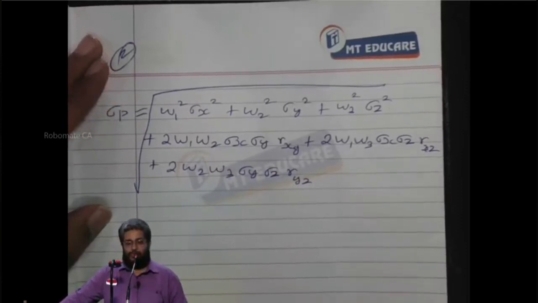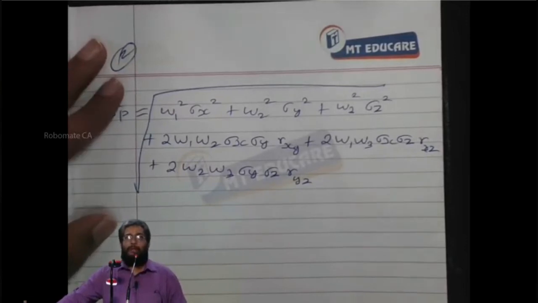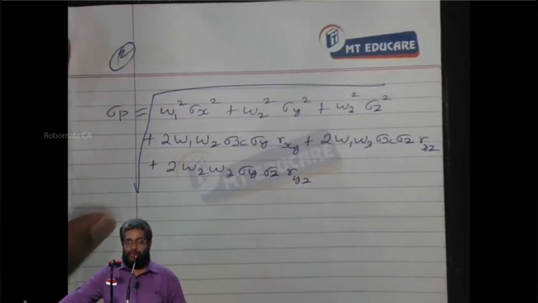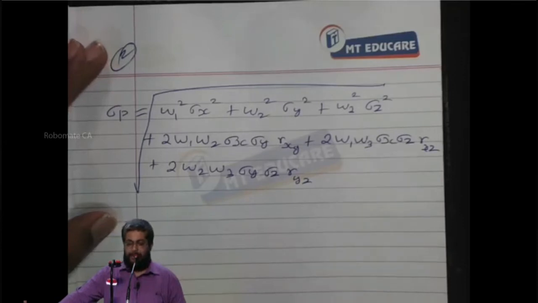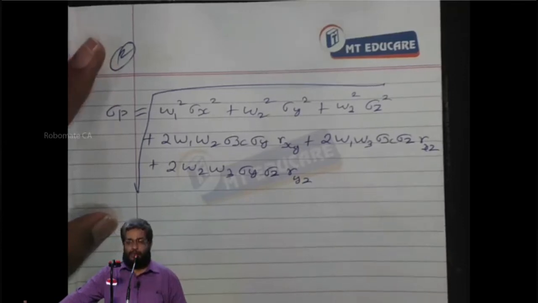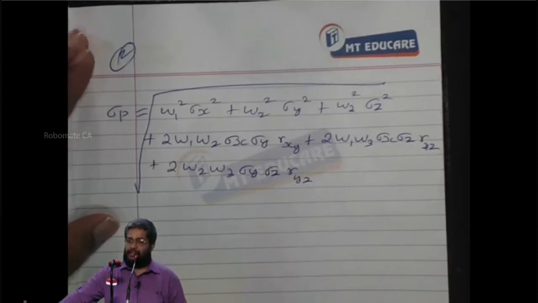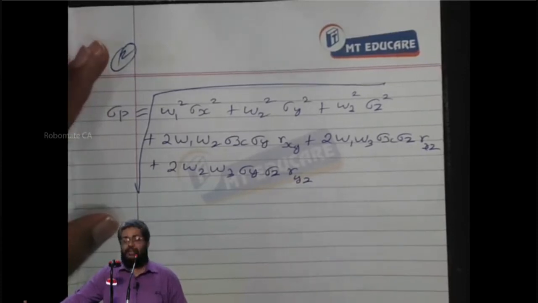2 W1 W2 sigma x sigma y rxy plus 2 W1 W3 sigma x sigma z rxz plus 2 W2 W3 sigma y sigma z ryz.